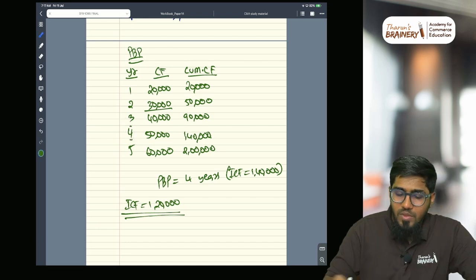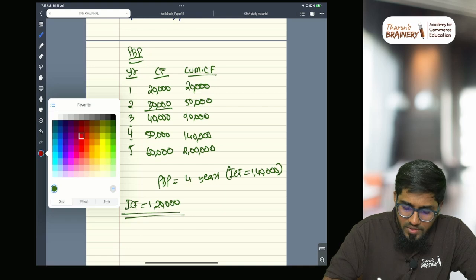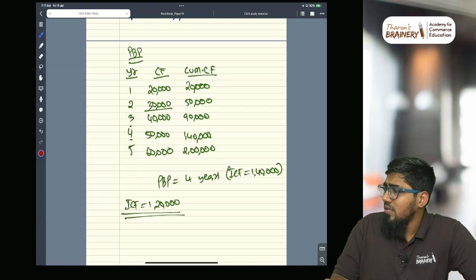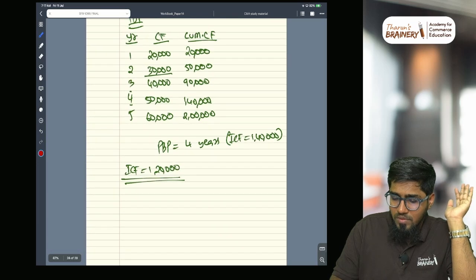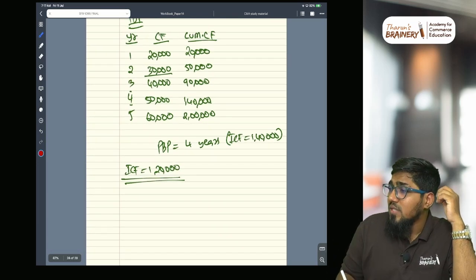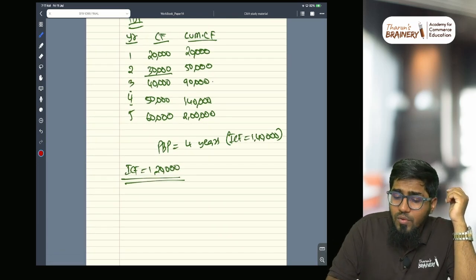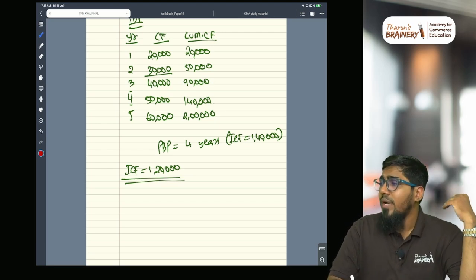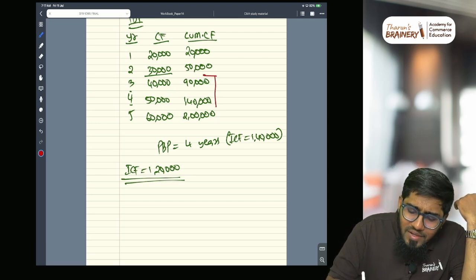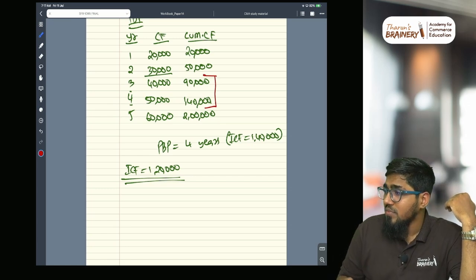Now, very interesting. I want 1,20,000 rupees. So where am I getting my 1,20,000? Third year I am getting only 90,000. But fourth year I am getting 1,40,000, which is more than 1,20,000. So somewhere between 3 and 4 I got that 1,20,000 rupees.